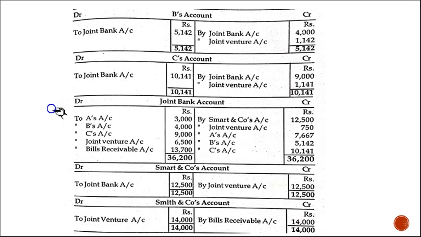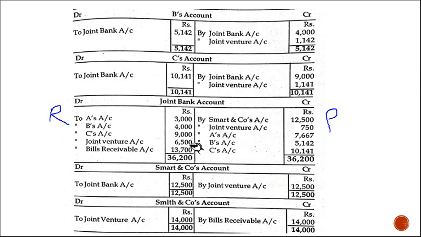Okay, joint bank account, you should remember debit side is the receipts and credit side is the payment. Clear? So debit side, whatever receipt is there, bank transaction. Bank is receiving from A capital 3, B capital 4, C capital 9. Okay, then it is receiving 6,500.